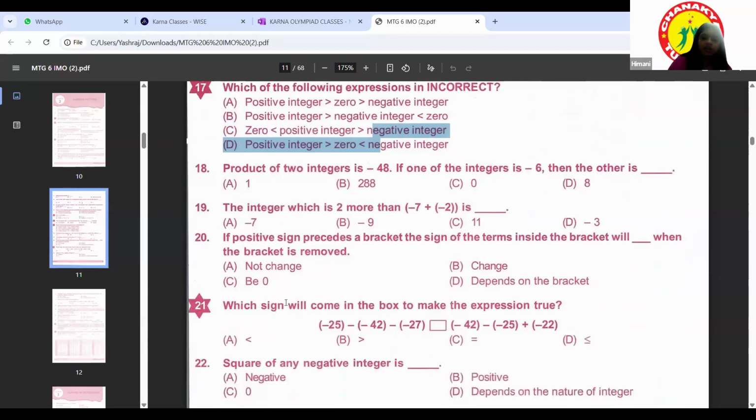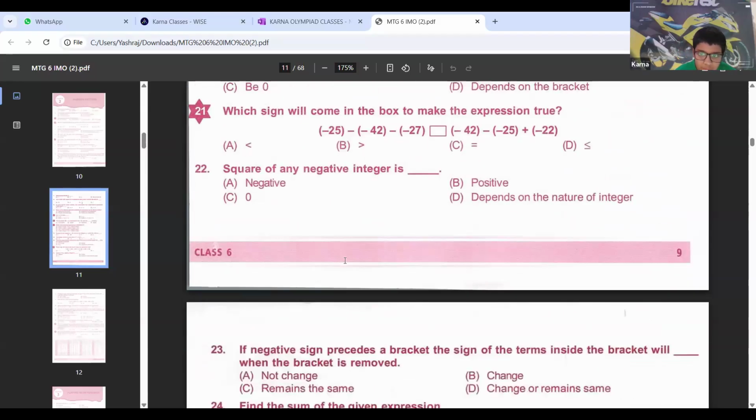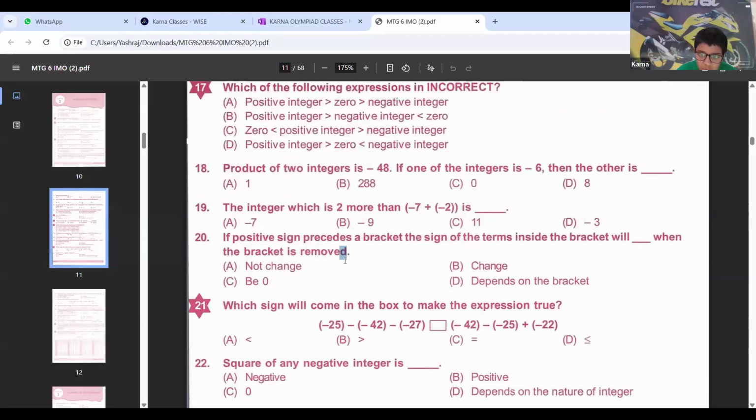Okay. So tell me the answers. The product is 48. If one of the integers is -6, ma'am, can you scroll up? Yeah. Then the other is, ma'am, D8. Correct. Ma'am, 19th answer is, read the question properly in the 19th, okay?